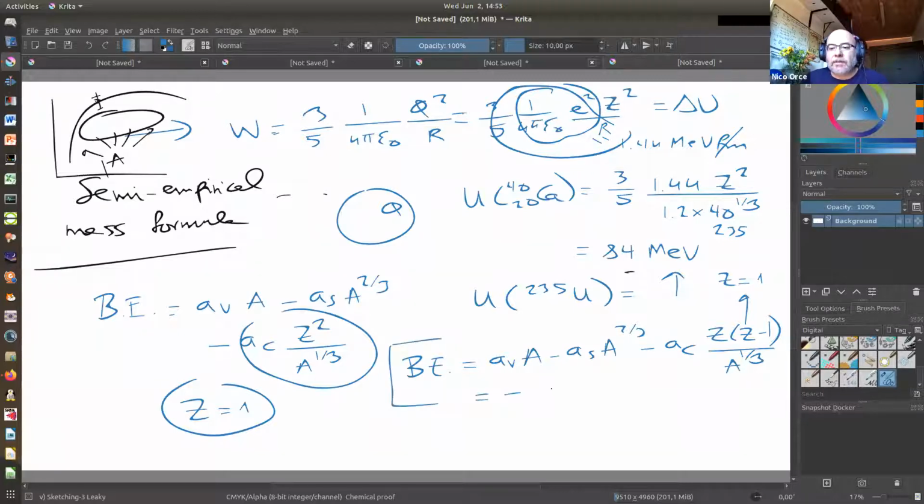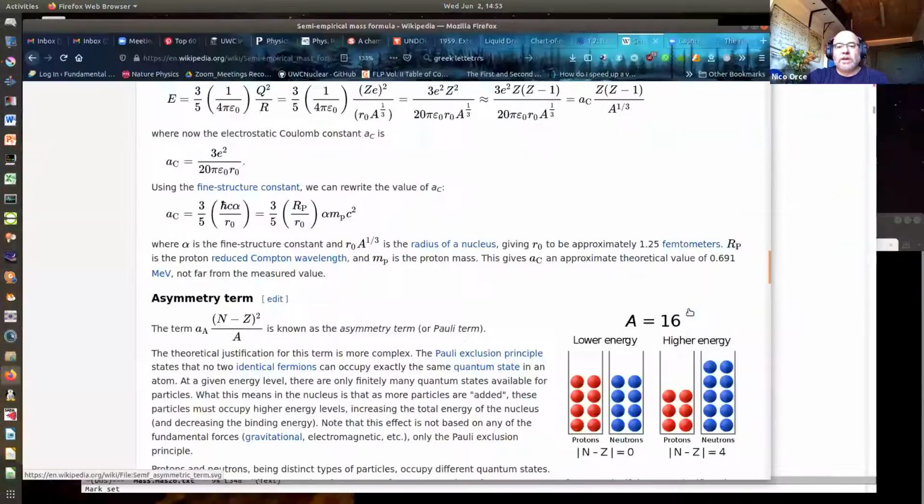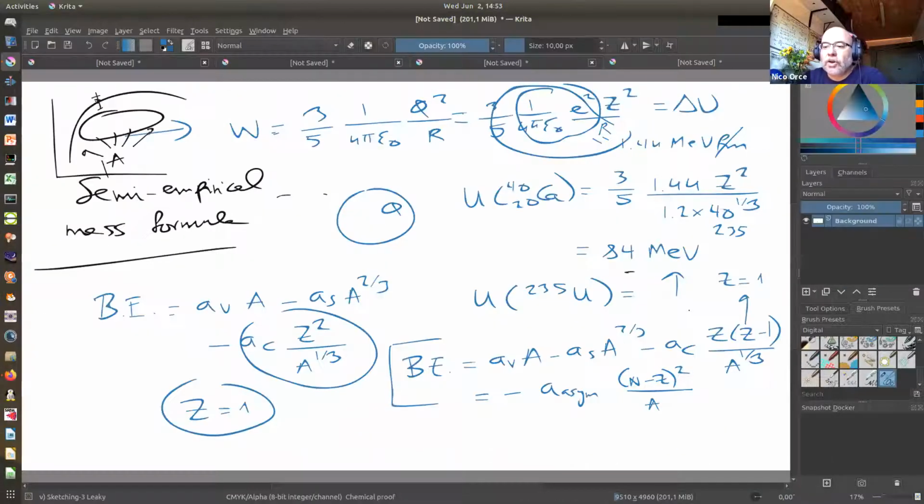Now this is going to be minus a symmetry times (N minus Z) squared divided by A, right? And this is the term that we have here, which is called the symmetry energy term. And basically it tells you that the bigger the difference between protons and neutrons in a nucleus, the more subtraction to the binding energy will happen, right?